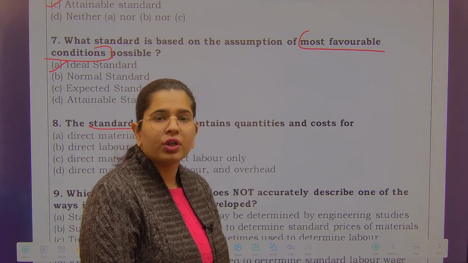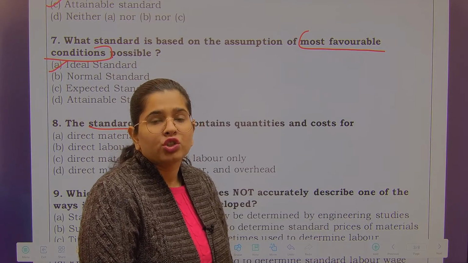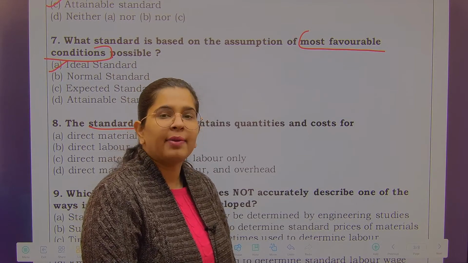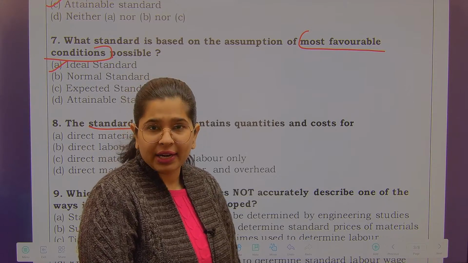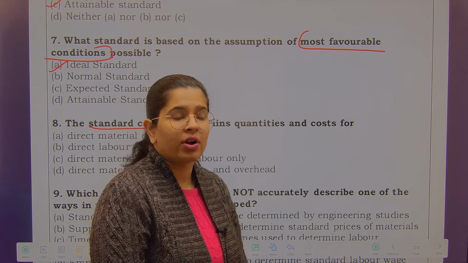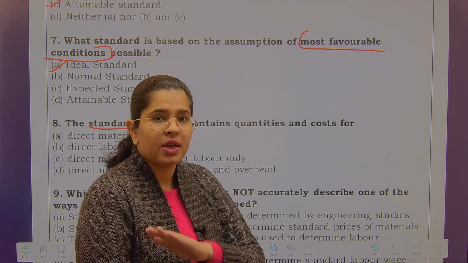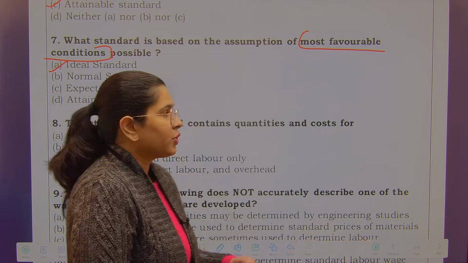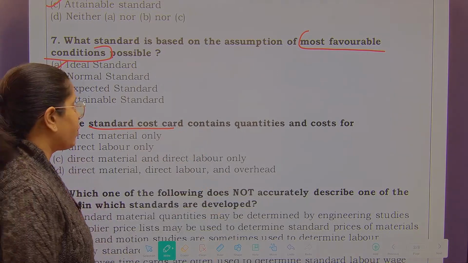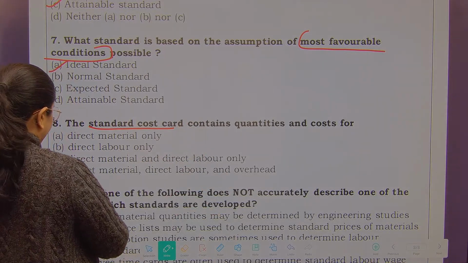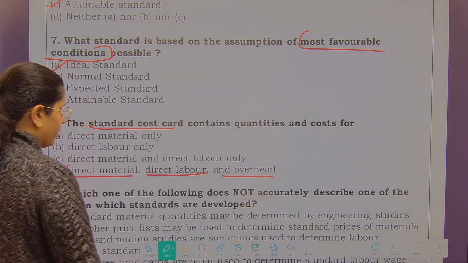Even if you do not know the concept of it, when I taught you standard costing, I told you that we calculate variances for direct material, direct labor as well as the overheads. All three of them, right? So hence the standard cost card will contain quantities for all the three: direct material, labor as well as the overheads.